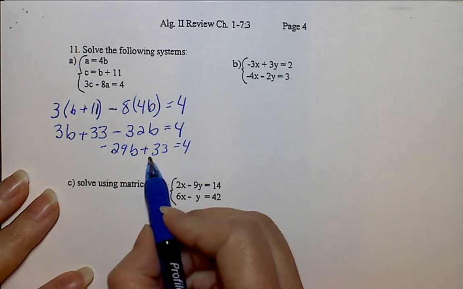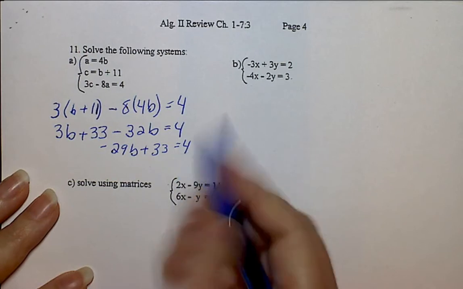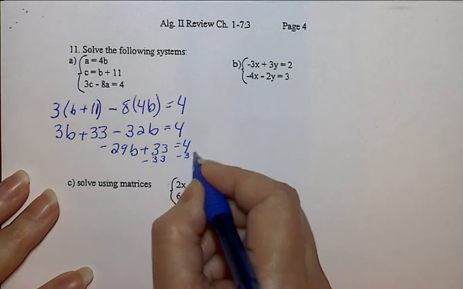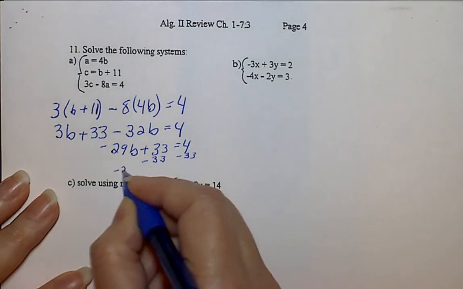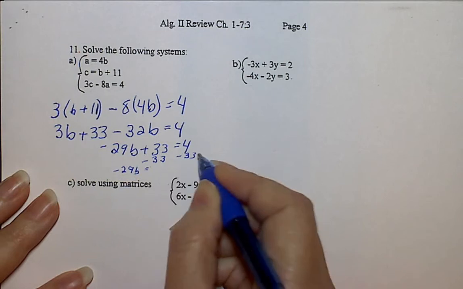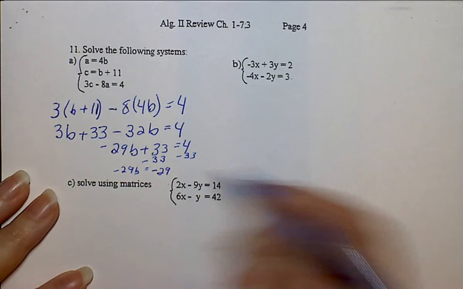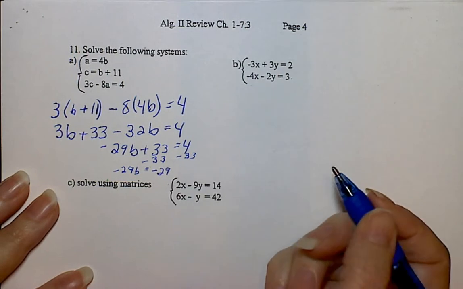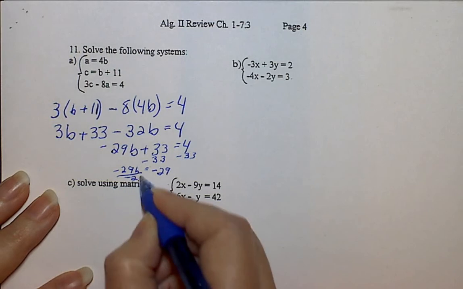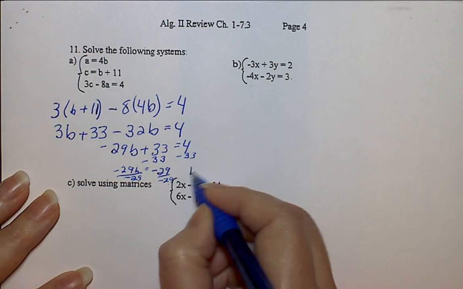I'm going to subtract my 33, and I have negative 29B is equal to negative 29. So now to get B by itself, I divide by negative 29. And so B equals 1.